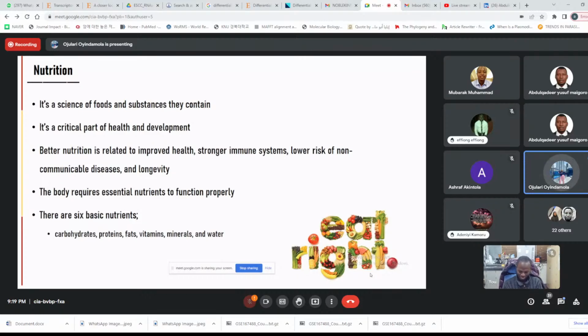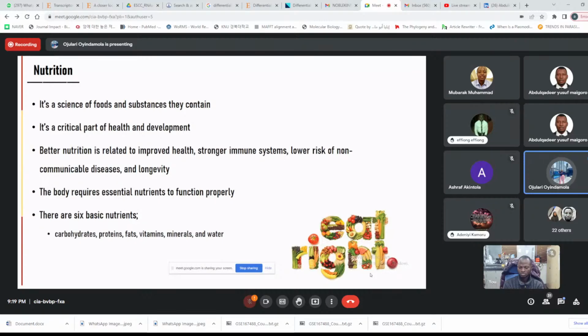Like I was saying, the science of nutrition is not just about food as we know it to be. Like, oh, we are eating rice. We just know that we are eating rice to fill our tummies. But where the science of nutrition comes in is, okay, what is this rice doing to our body? What do we gain from eating this rice, as well as other food that we consume?